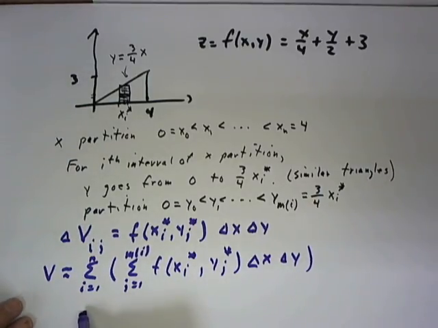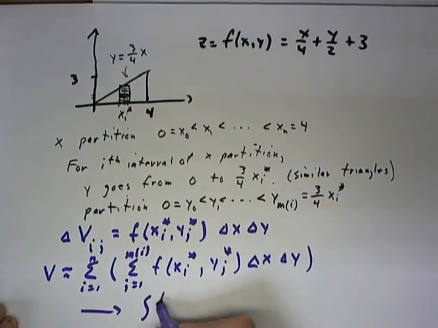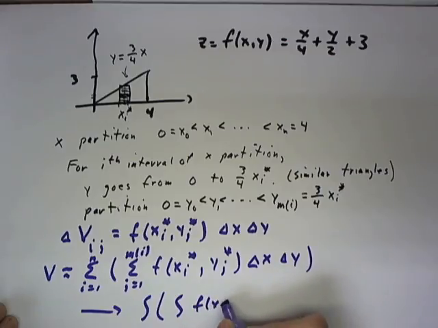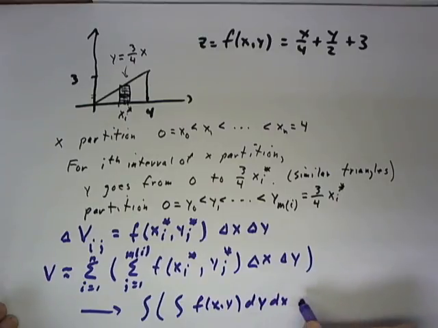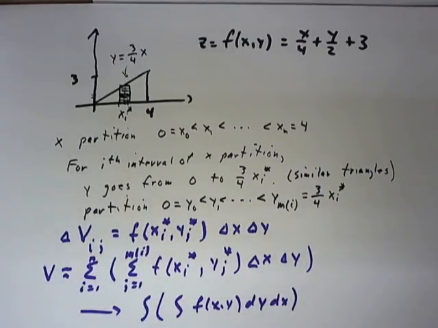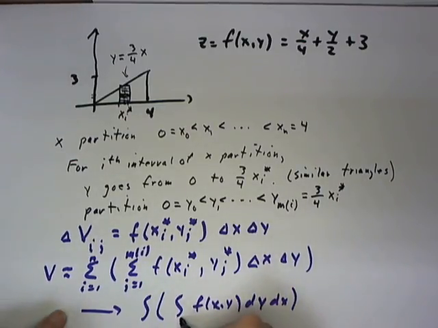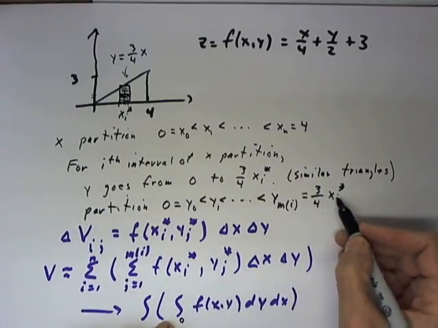And as delta x and delta y go to 0, this approaches an integral of f of x y dy dx. The limits on this integral: the y integral is going to go from 0 to 3/4 x.